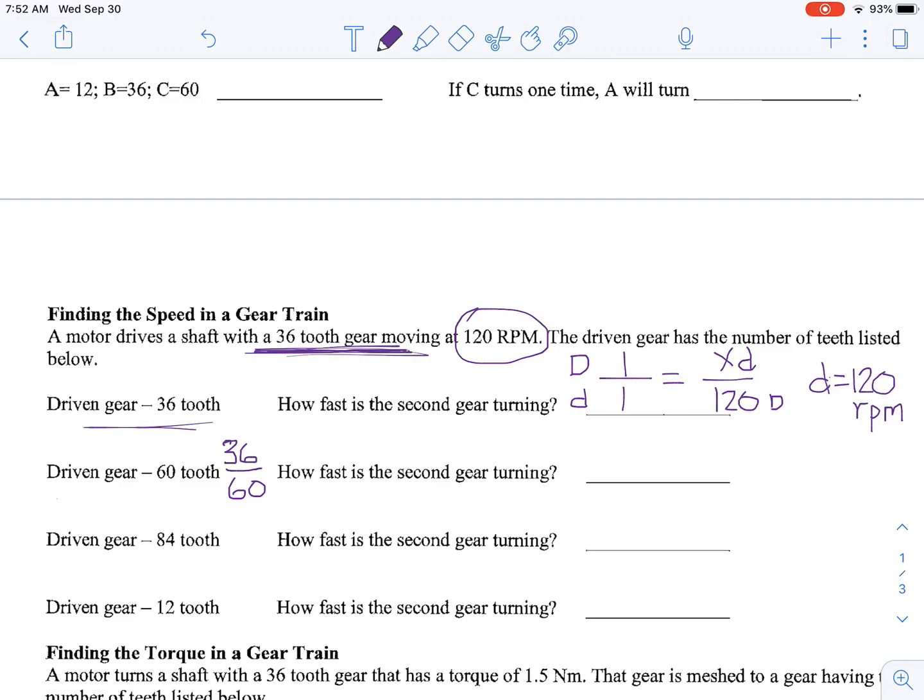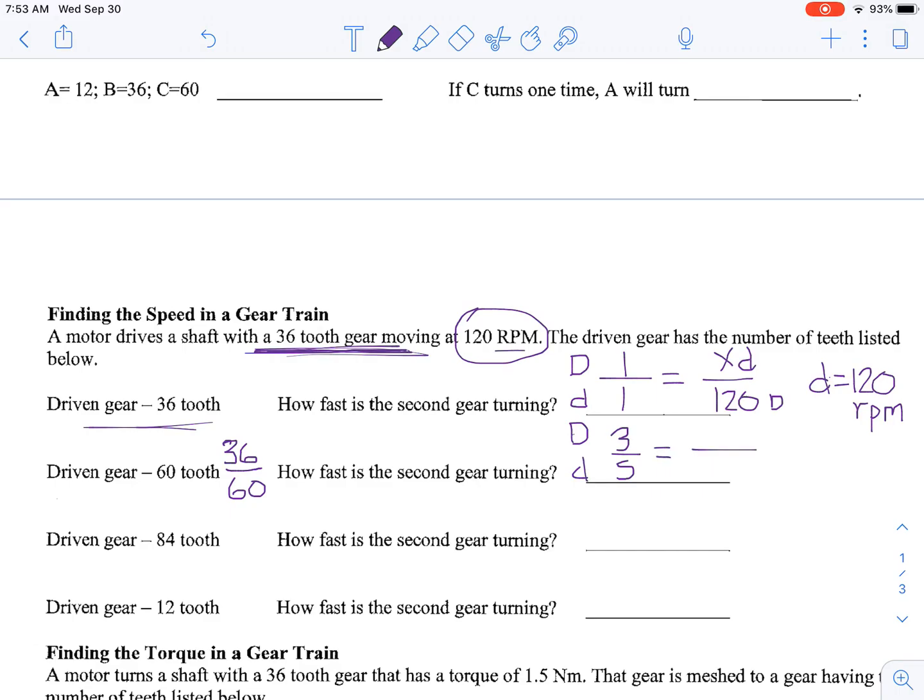I think we can because 12 will go into both of those. So 12 goes into 36 3 times, and 12 goes into 60 5 times. And this is the driving gear on top, and this is the driven gear on the bottom.